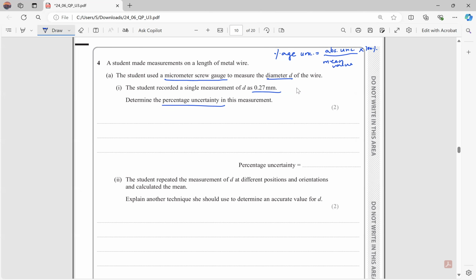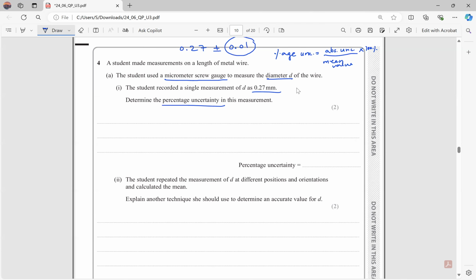That's one of the formulas. Another case is if you're not told the absolute uncertainty: for example, if you were told that the measurement is 0.27 plus minus 0.01, then that would be your absolute uncertainty. This is just an example, not related to the question.